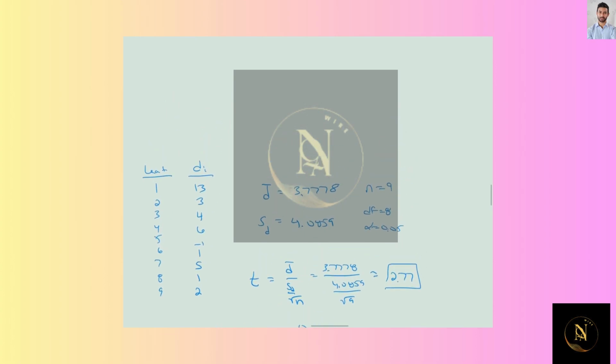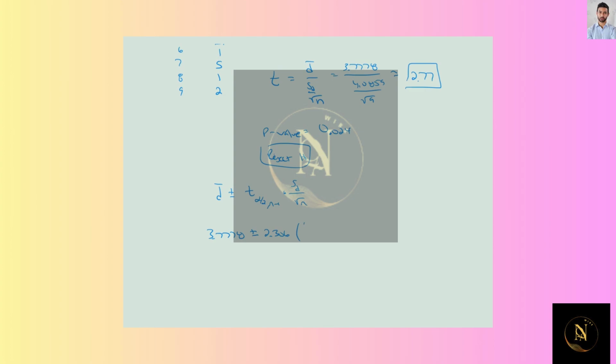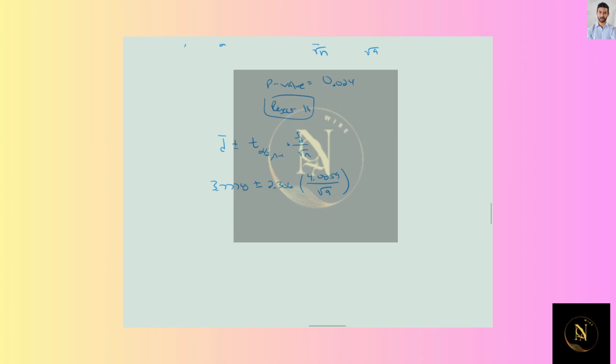The mean was 3.7778. The critical t is 2.306. Our standard deviation and our sample size. So now into a calculator.